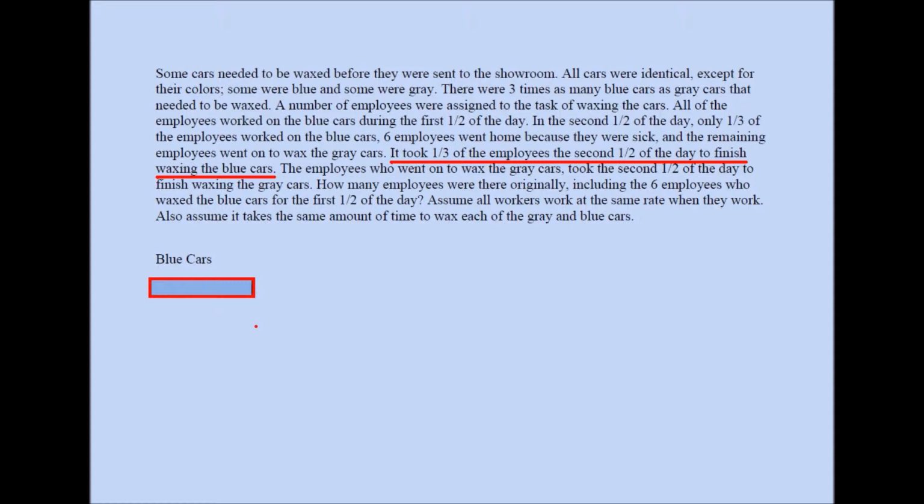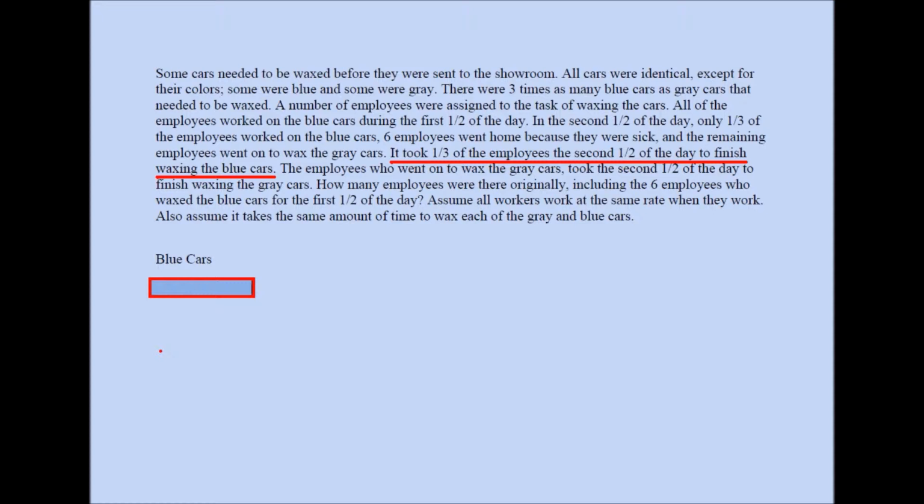I just arbitrarily chose a rectangle. Now remember that all the employees worked on the blue cars the first half of the day. Only 1/3 of the employees worked on the blue cars the second half of the day, and they wrapped it up.